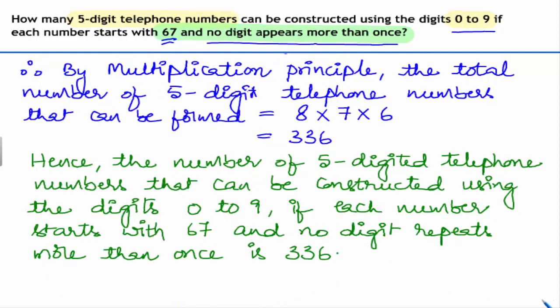Therefore, we conclude that the number of 5-digit telephone numbers that can be constructed using the digits 0 to 9 if each number starts with 67 and no digit repeats more than once is 336. So this completes the solution.